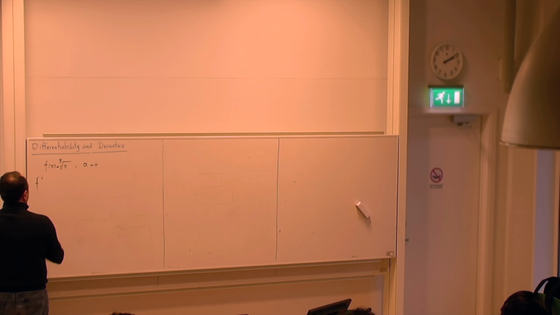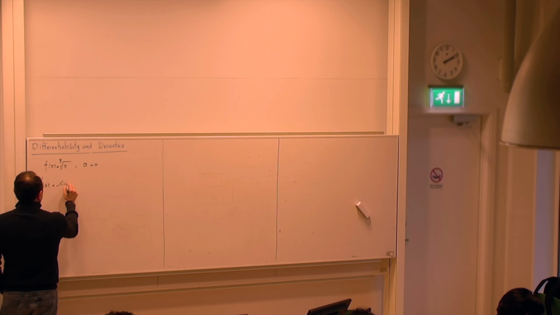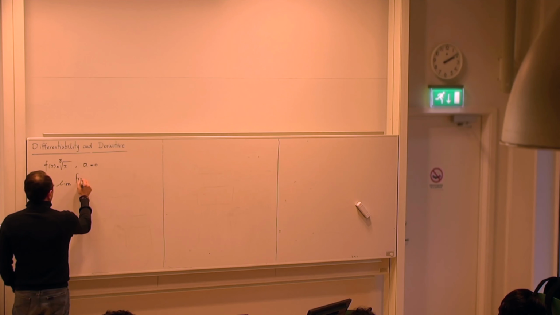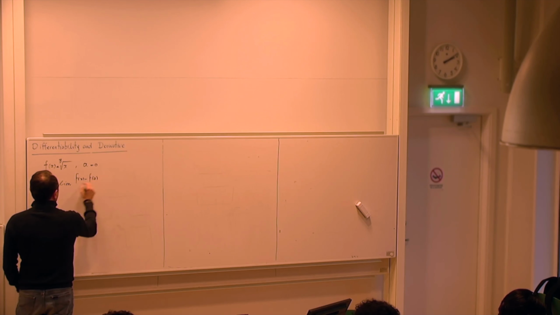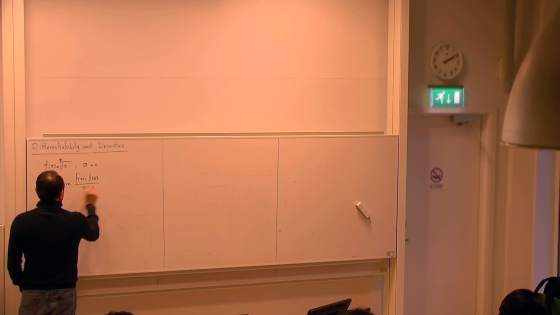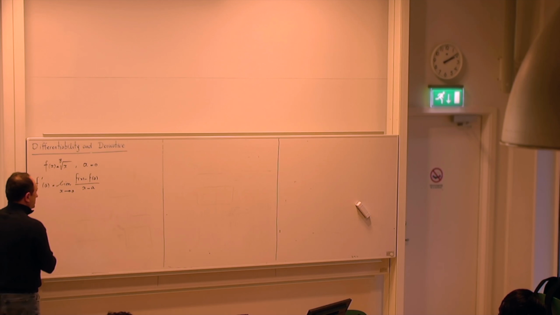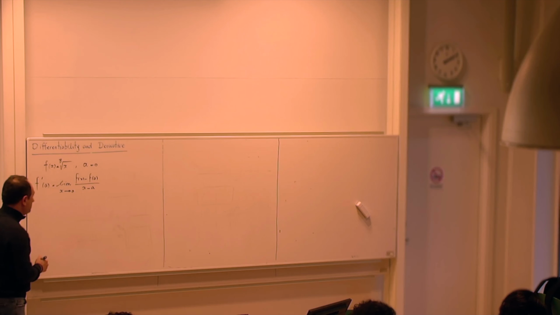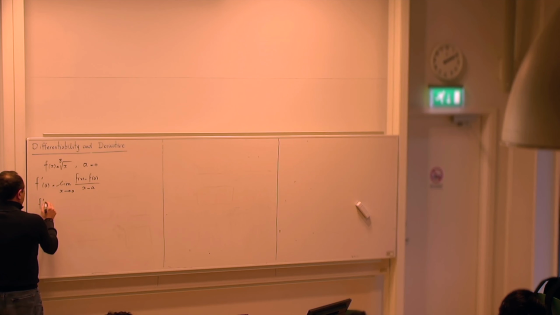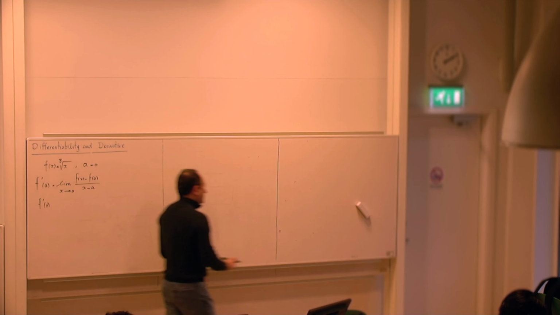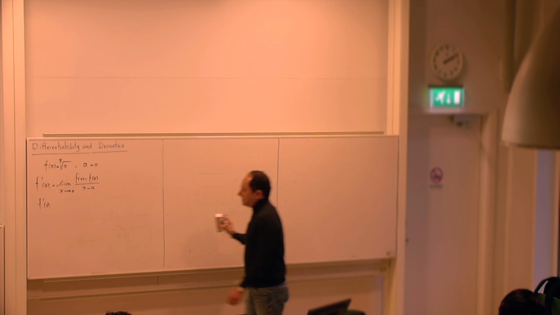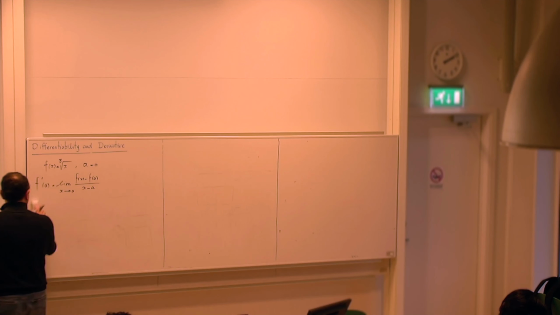So f prime of A, in principle, if it exists, is equal to the limit of f of x minus f of A divided by x minus A, x goes to A. This is the formula we just learned, the second version of the formula. And then I replace A with 0. Okay, so in principle, I shouldn't write f prime of 0 from the beginning because there is no guaranteed existence.